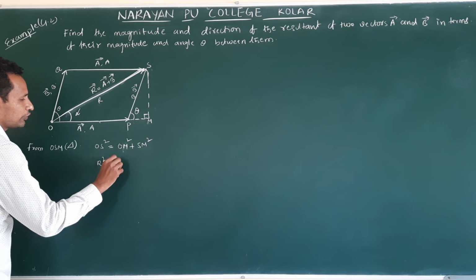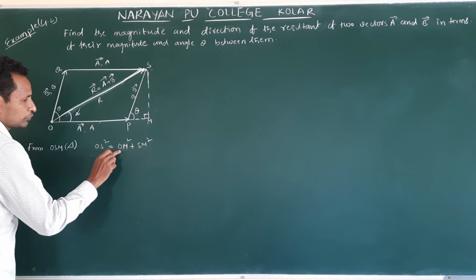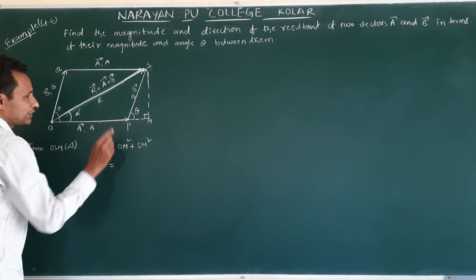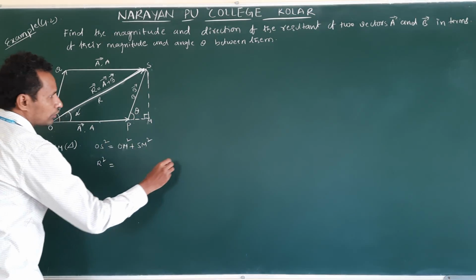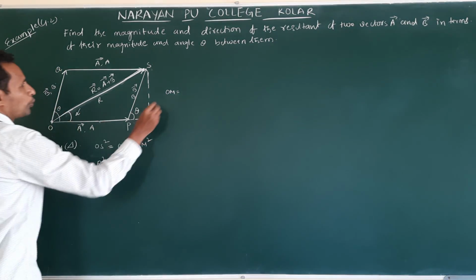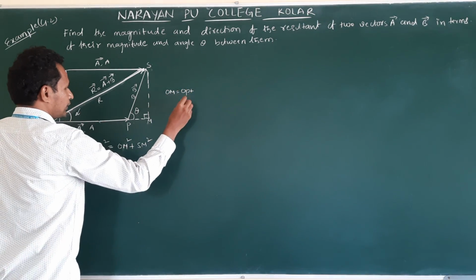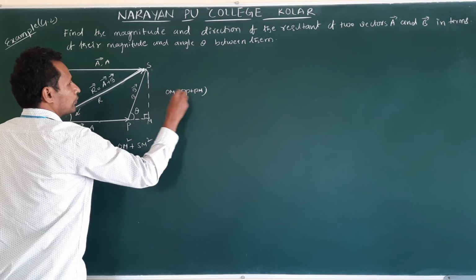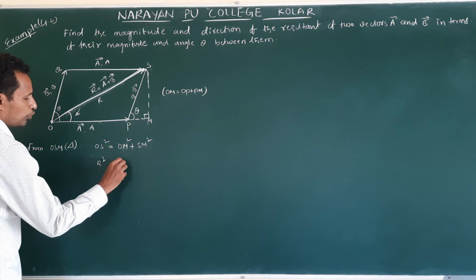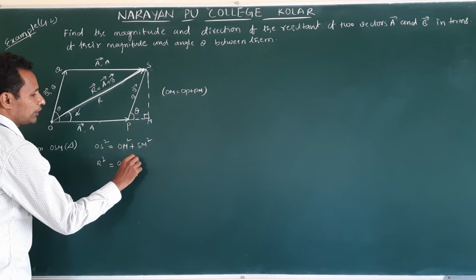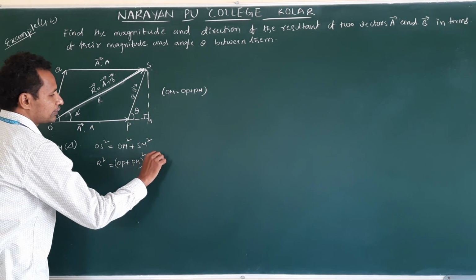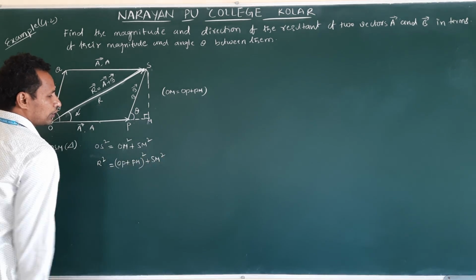So this I can write: R square is equal to OM square plus SM square. OM is from here to here. How do we write OM? OM is equal to OP plus PM. So (OP plus PM) whole square plus SM square. Am I correct?